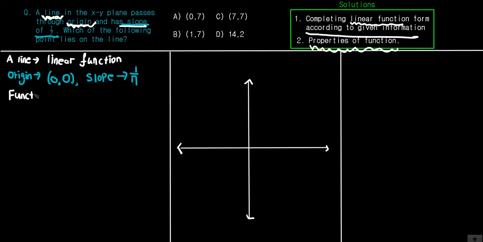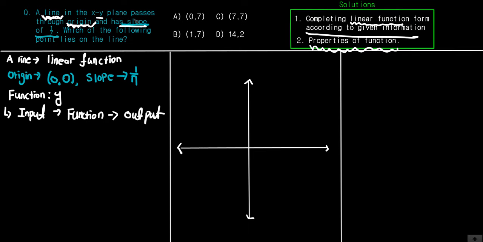For the function of this question, we're going to call it y, and it contains a specific equation. For the function, it always has its particular input, then the function works systematically, and then finally it will have a specific output. This is how the function works.